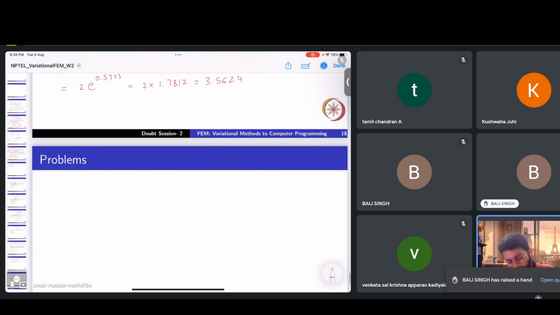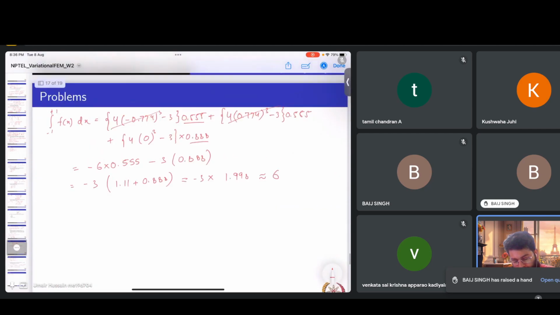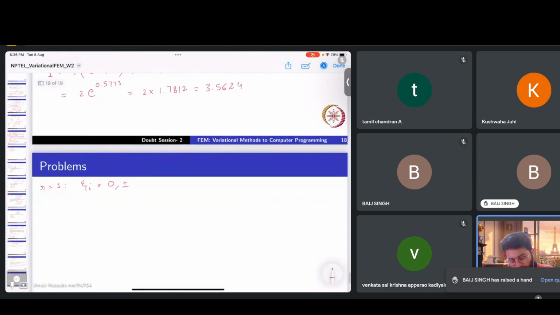So we'll try with three integration points. One was 0, and the other one was 0.774. This was 0.888.